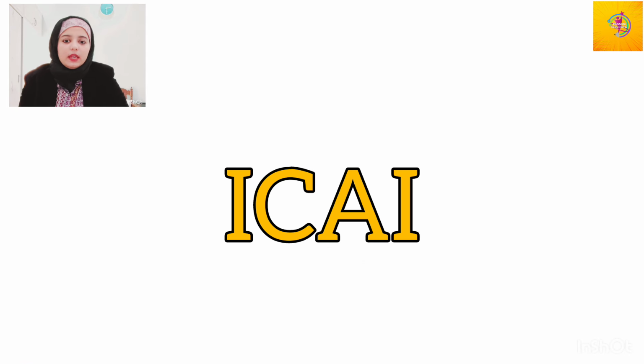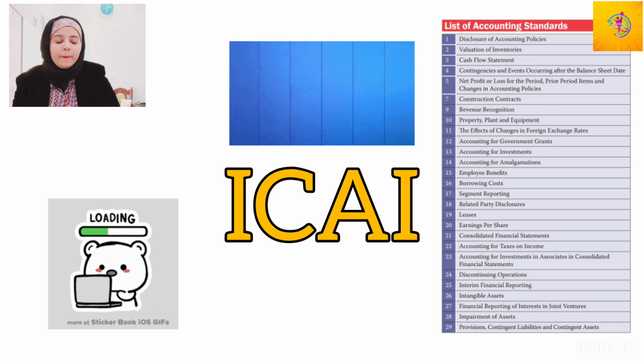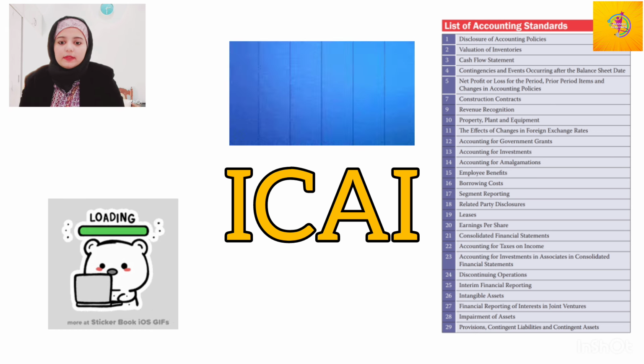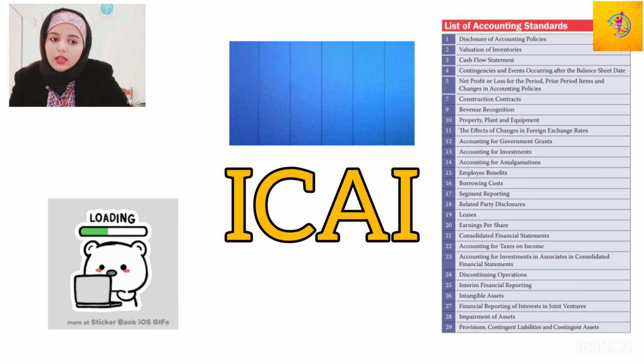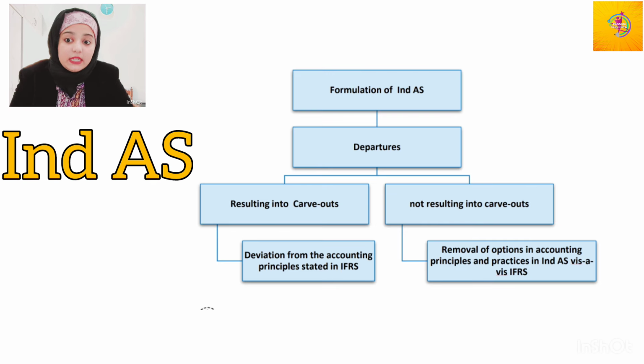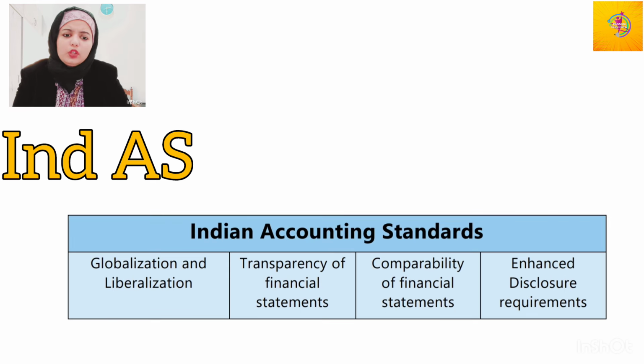ICAI consistently updates accounting standards to keep up with the latest economic developments and international practices. For example, new standards like IND AS, Indian Accounting Standards, are designed to bring Indian businesses closer to IFRS, International Financial Reporting Standards, to align with global accounting practices.